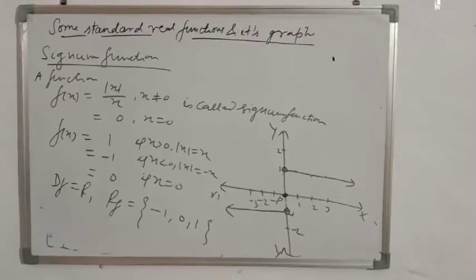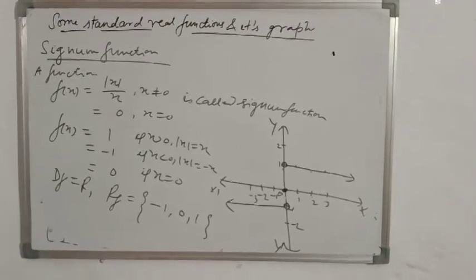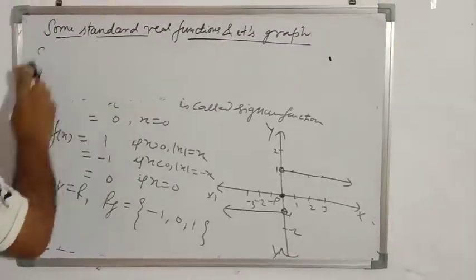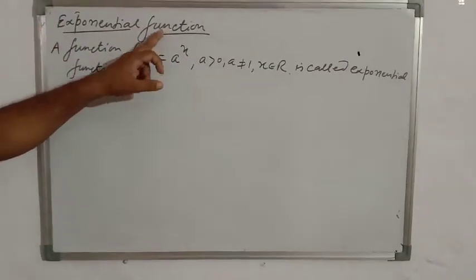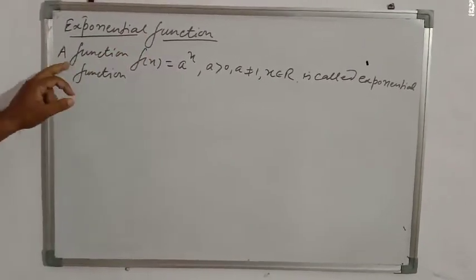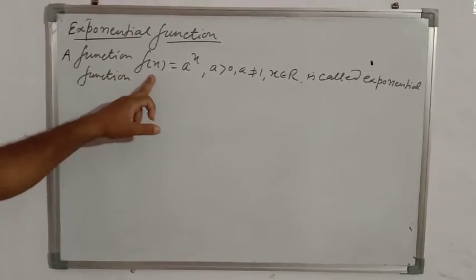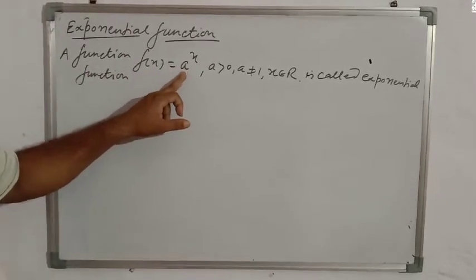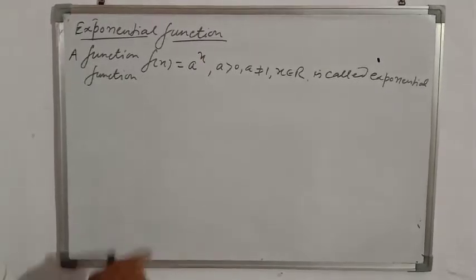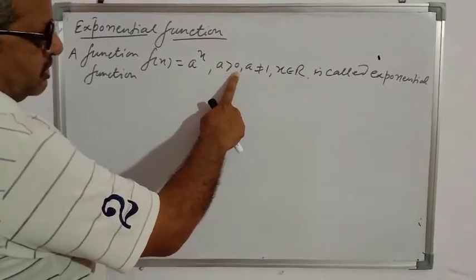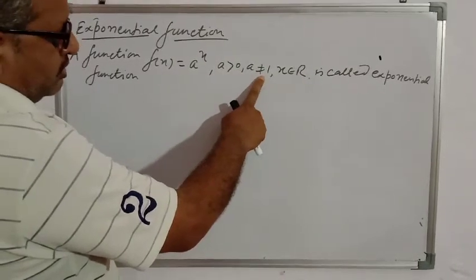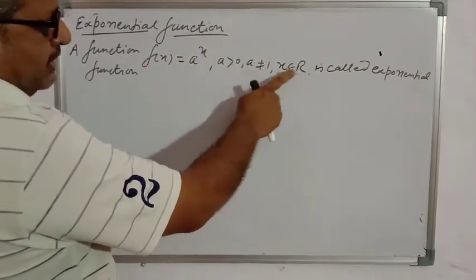Now we will discuss the graph of exponential function. Next function is exponential function. A function f(x) is equal to a to the power x, a is the base, x is the power, where a greater than 0, means positive, and a not equal to 1. x may be any real number.